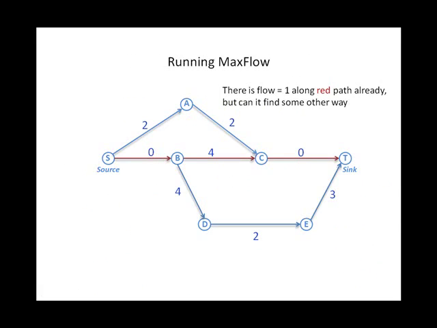So if you look closely, there is a path from source to sink, but we cannot increase the flow, and there is already a flow 1 along this red path. Okay, right?